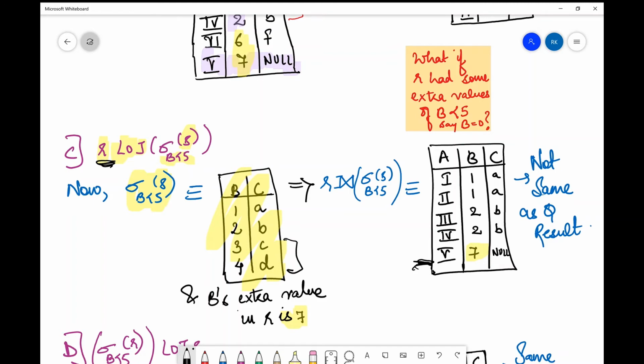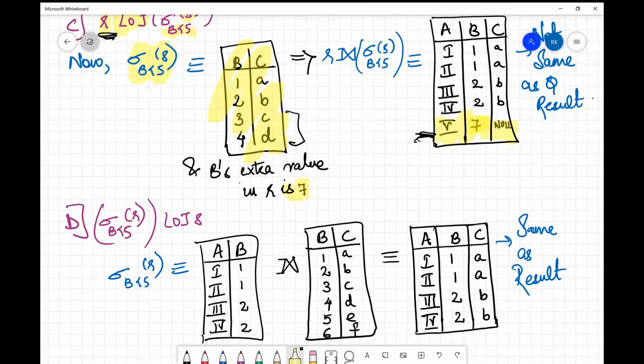Okay, and records with values 3 and 4 are not here. Now this result, as you can see, is not the same as Q's result, because there is an extra record coming over here. Okay, so that means this is one of our possible answers for this particular question.